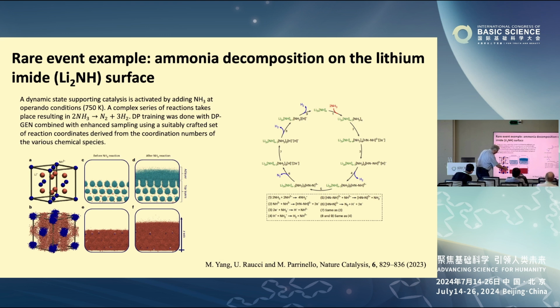You see that they occupy all the positions in the lattice, whereas the NH2 minus remain close to the crystalline position. Now, what happens is that when they add an ammonia molecule, and they actually add 2 ammonia molecules to the system, the ammonia gives rise to the formation of 2 of these imide, and these imide are negatively charged.